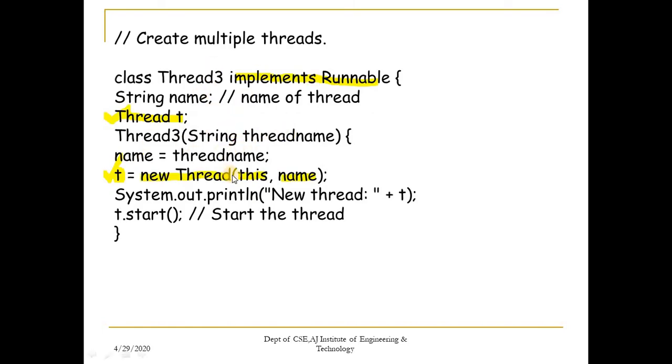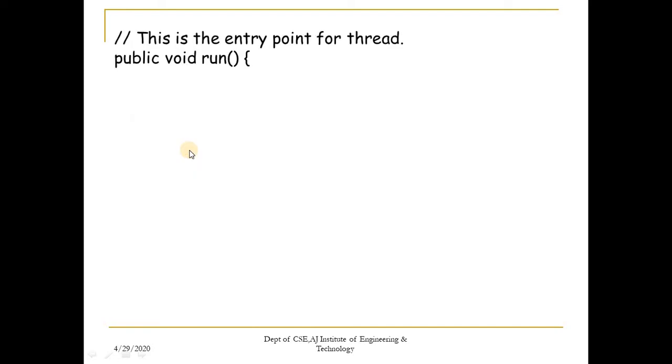Inside the thread3 constructor, the thread name is assigned to name, and a new thread is created with that name. Because we are calling the thread3 constructor 3 times, 3 threads are created with the names 1, 2 and 3.